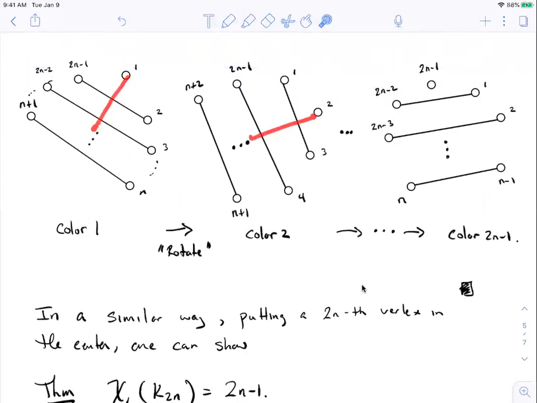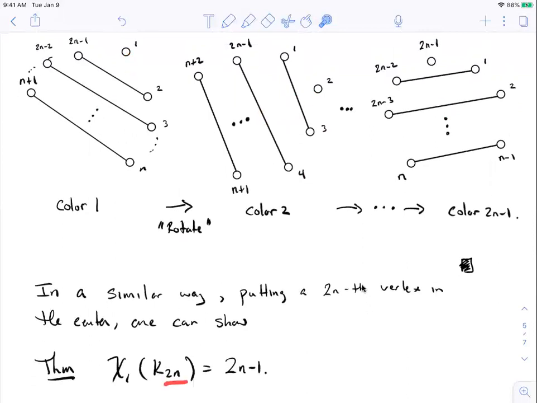If you do that for all of these, that rotation scheme will end up 2n minus 1 coloring K2n. So you don't need an extra color. If you have an even number, you should try this: 5 edge color K6. K6 will admit a 5 edge coloring.